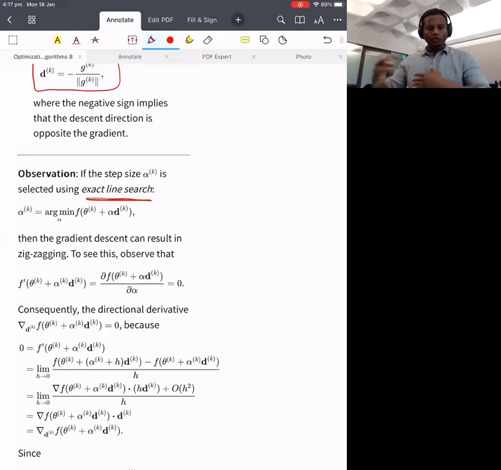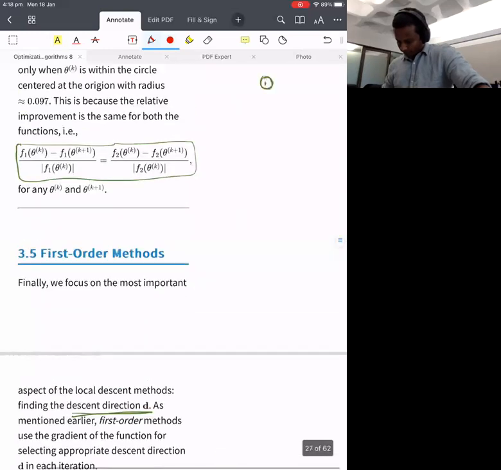For all these algorithms, you can have different termination conditions. I was just having a look at the relative improvement equation.